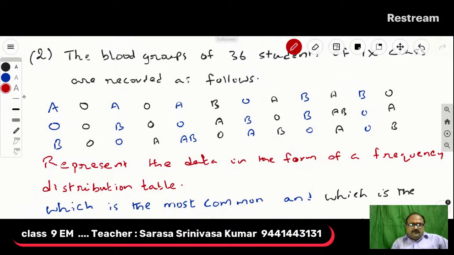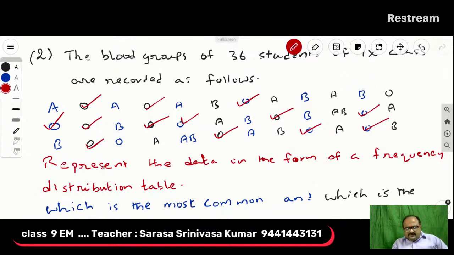Now let us start with O. This is 1, 2, 3, up to 13. Now let us cross check this once again. 1, 2, 3, 4, yeah, we have found it. 5, 6, 7, 8, 9, 10, 11, 12, 13, 14.